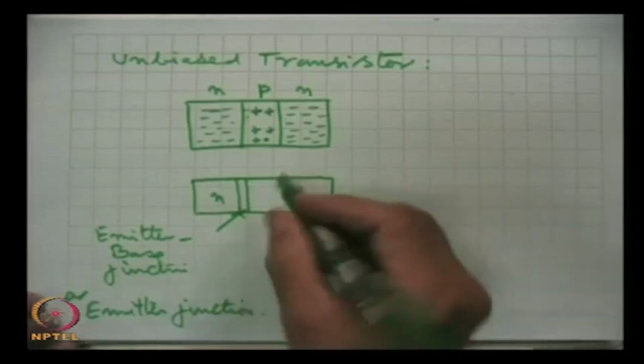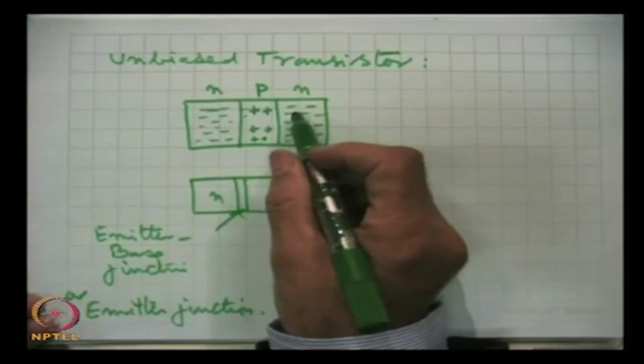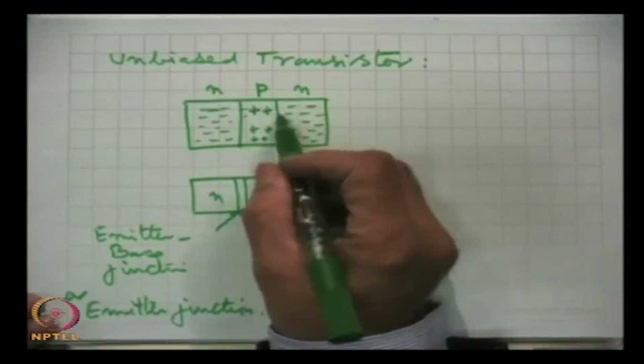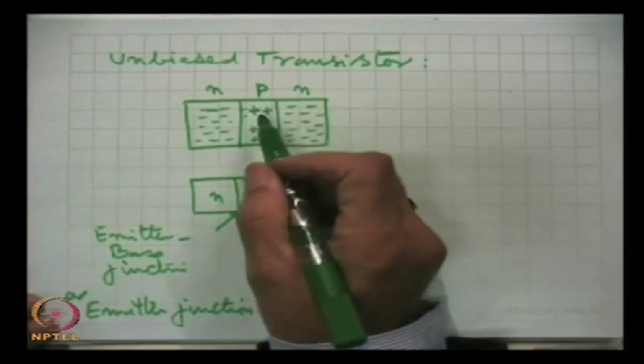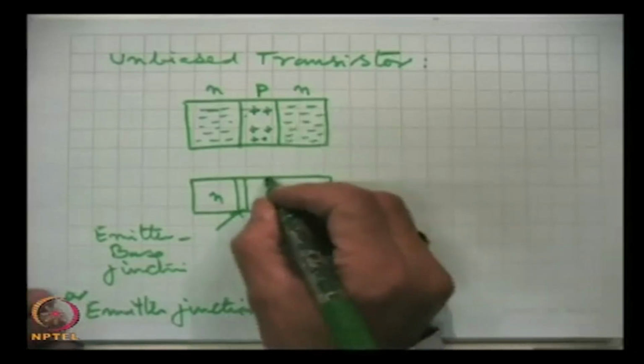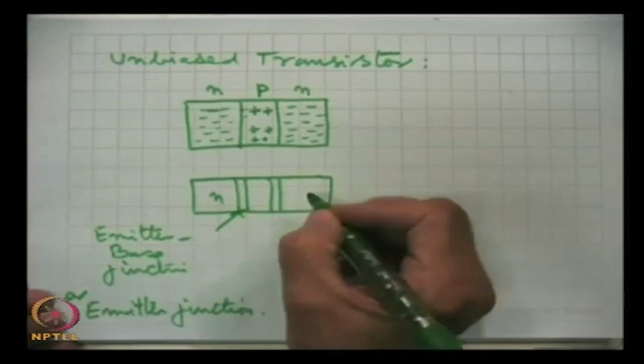Similarly, the diffusion of electrons will start from collector to base, and fewer holes will diffuse from base to collector. And again, for the same reasons as we discussed earlier, a junction will be formed here.